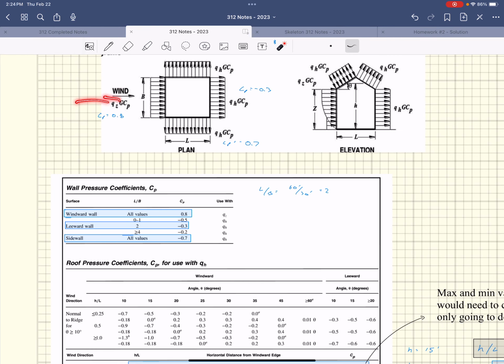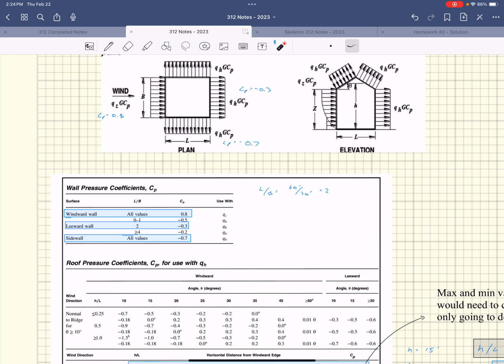So when the wind's coming from this direction, it is on the windward side. So if I'm trying to calculate these stresses on the windward wall, for all values of L over B, where L is the length and B is the width, this is the perpendicular distance, and that's the parallel distance, then that CP value is 0.8. So I'm going to use a CP value of 0.8 when I'm talking about the windward wall, okay?